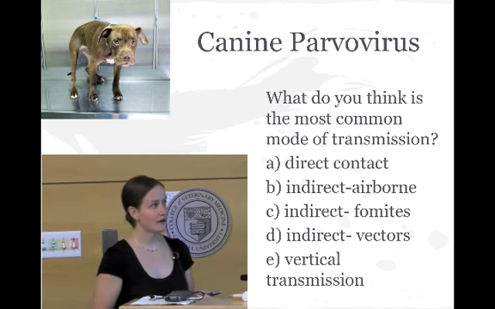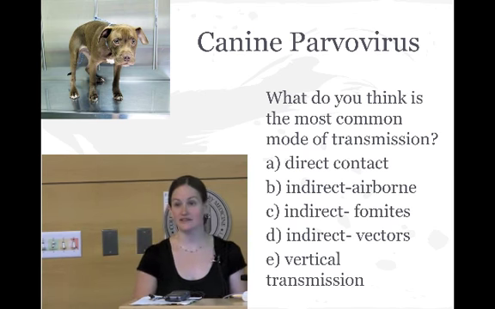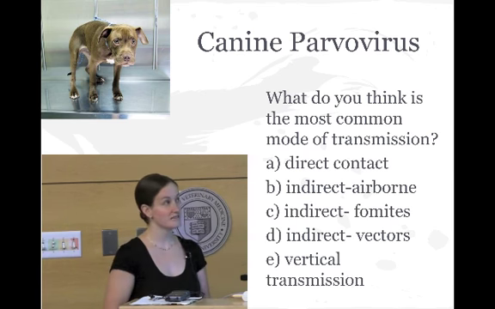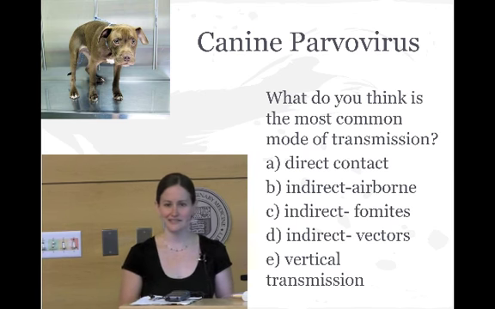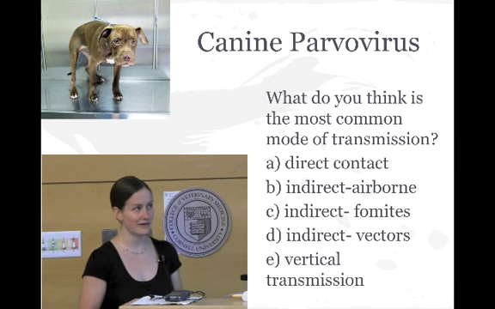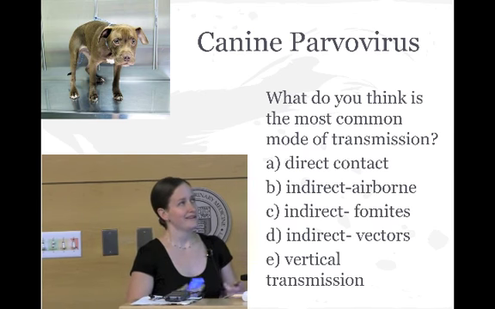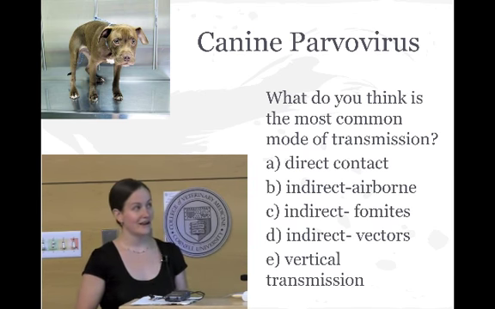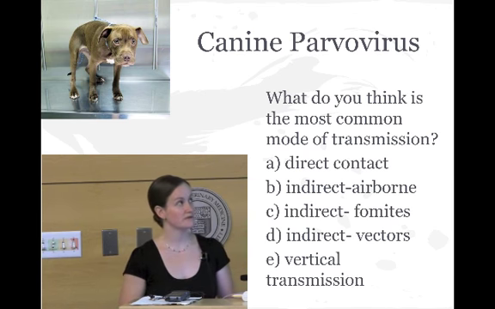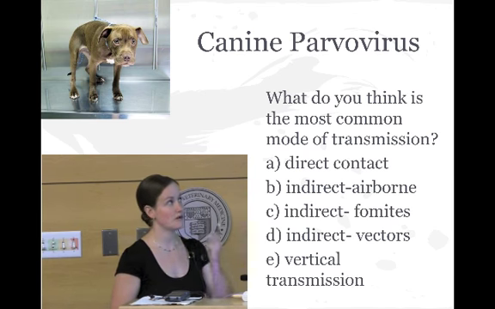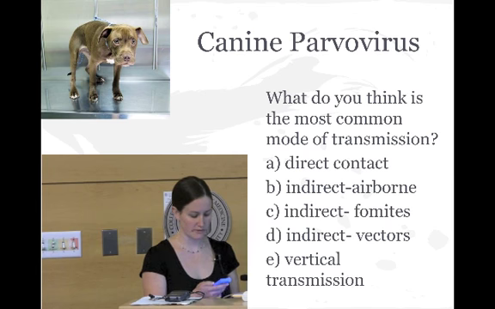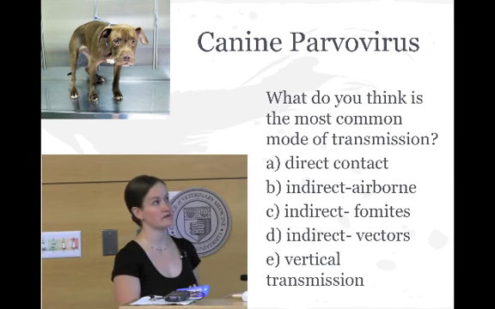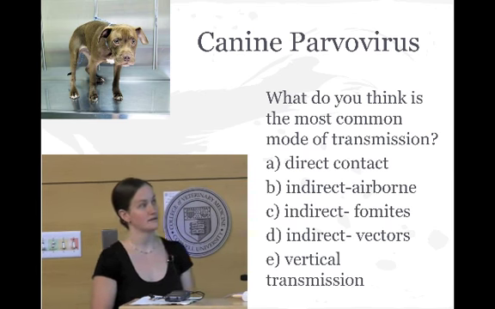Given that, the infectious particles tend to be transmitted in the feces, and they're actually pretty hardy and pretty sticky too. So not only can they be dispersed in the feces, they can also get stuck to the hair coat. Given that information, what do you think the most common mode of transmission of parvovirus is? Let me open that.